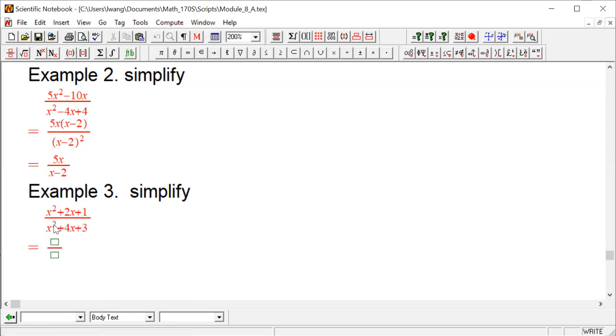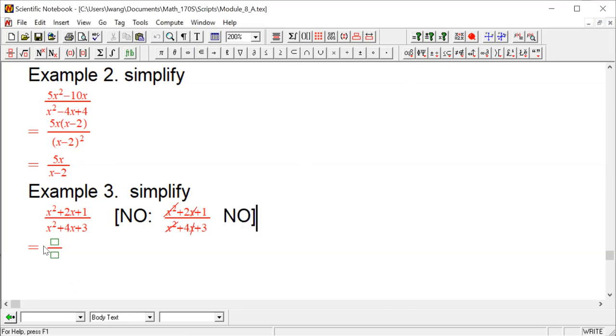We cannot cross out the x squared yet. Please don't do that. Please do not do the following: you cannot just cross out the x squared and x. That's a no-no.